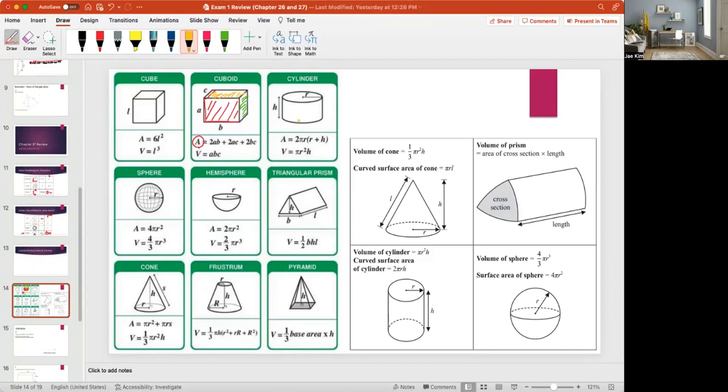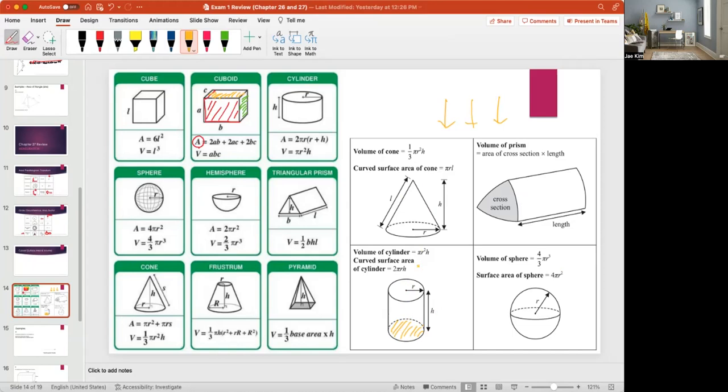Here is a cylinder. This is always given to you on the O-level exam. If you understand this, great, but just in case you forget, they give you the formulas right here. Let's talk about cylinder first. Volume is always the bottom area, we call it sectional area, times the height.